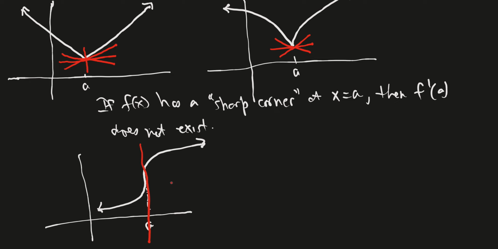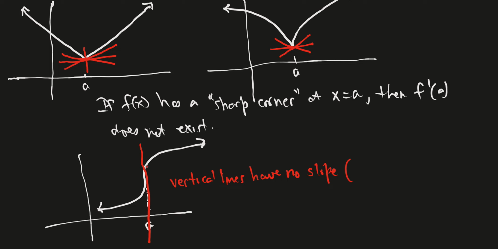Right? And what do we know about vertical lines? Vertical lines have no slope. Or what you could say is their slope is infinite, because it's all rise and no run, meaning the run is 0.